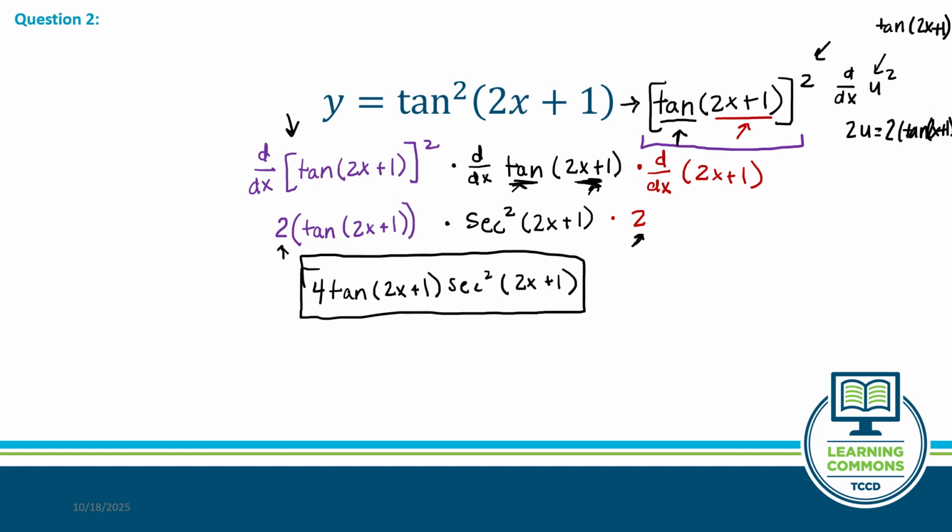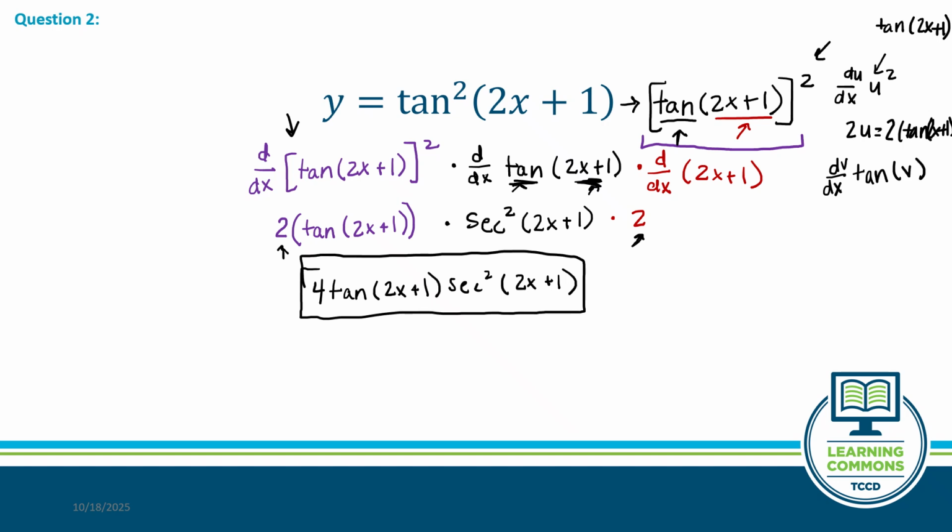So finish that one. Now I'm done with u. But now I have to worry about tangent and 2x plus 1. So I could say, I'll make it v for funsies. So now I'm looking at tangent v.